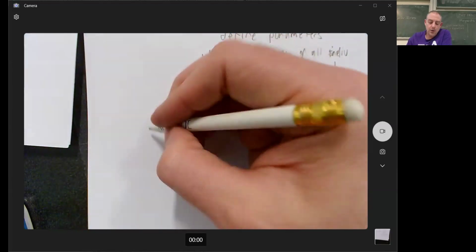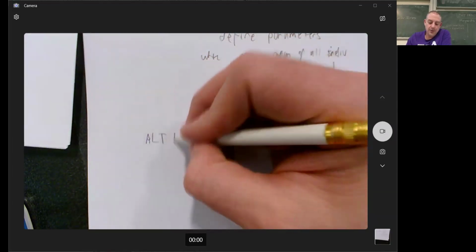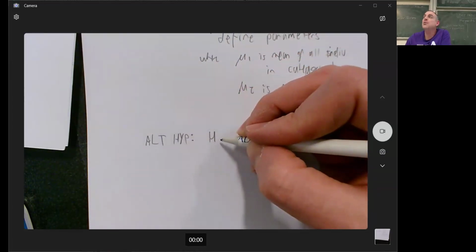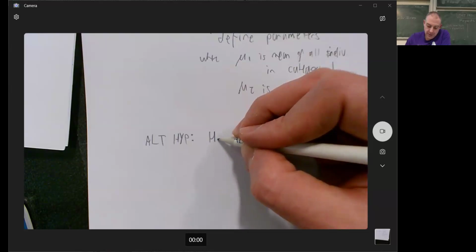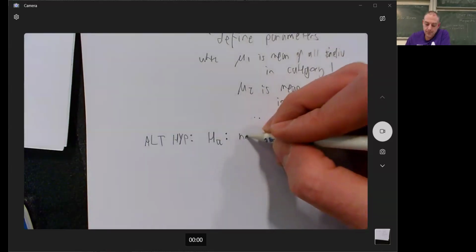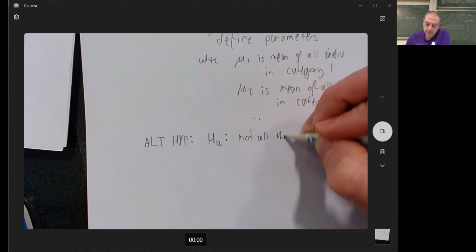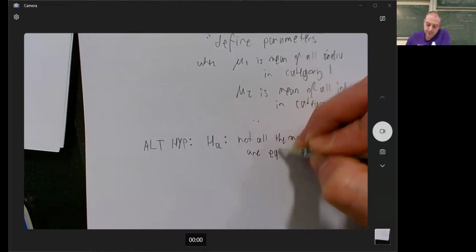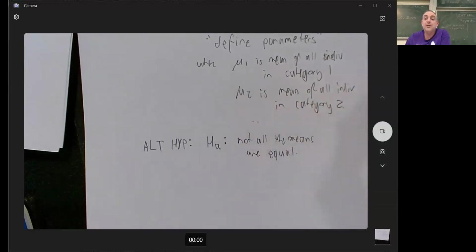And then your alternative hypothesis, H, they use a capital A or a small a or a 1? Small a. They are the options in the various other stats courses from other disciplines. The alternative hypothesis is that not all the means are the same. And the easiest way to write it is in those words.